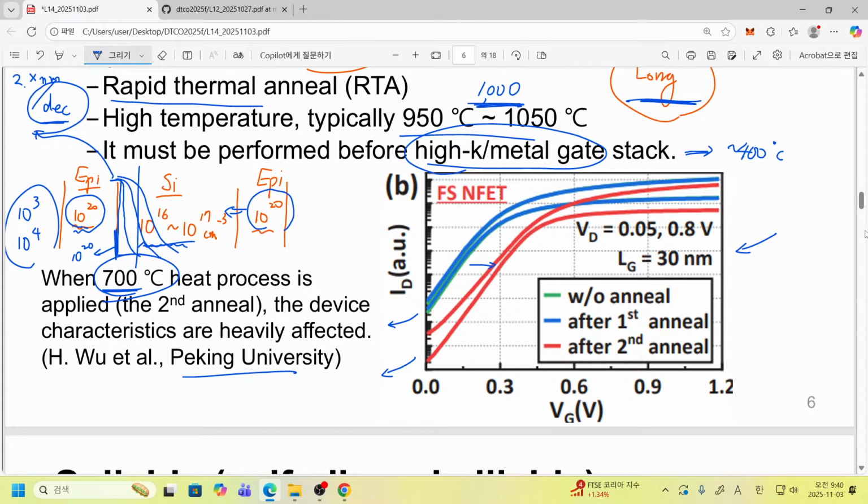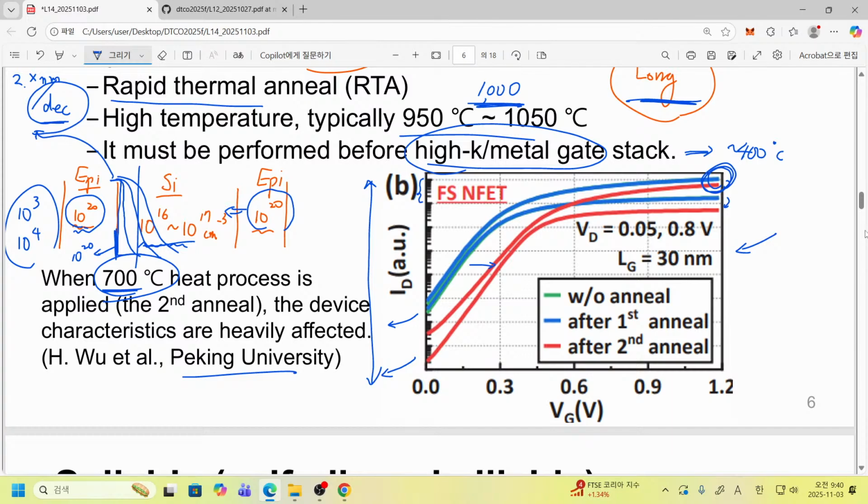What is it? You can see a great reduction of on current. Although this looks relatively small, this is a logarithmic scale, and a small difference corresponds to 1 decade, a 10 times reduction.